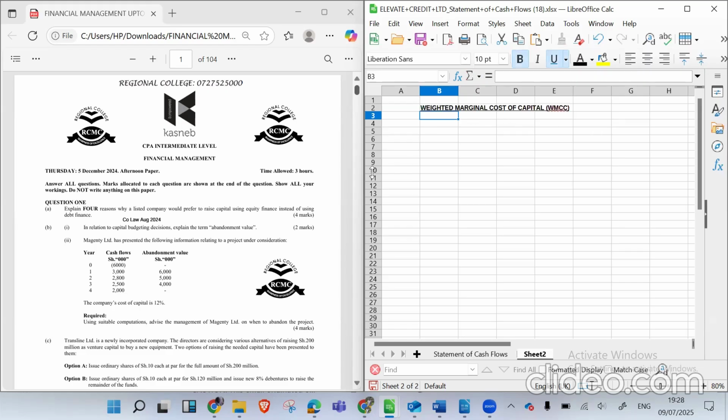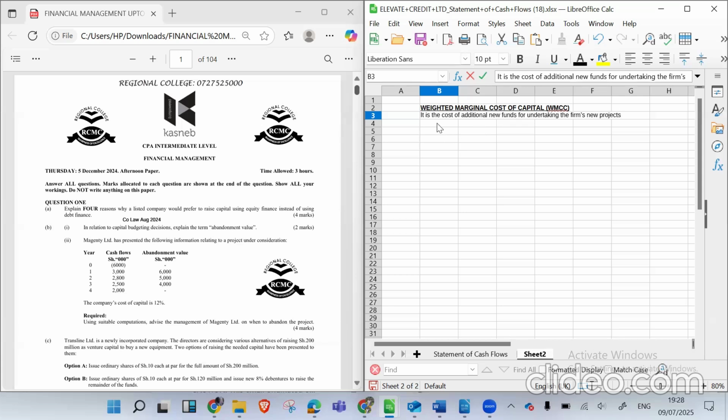So weighted marginal cost of capital, you can say this: it is the cost of additional new funds for undertaking the firm's new projects.